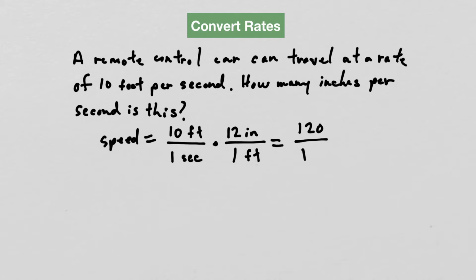Now, you have the unit measure feet in the numerator, and we also have the unit measure feet in the denominator. So these cancel out. The unit measure cancels out. So what we're left with is 120 inches per 1 second.